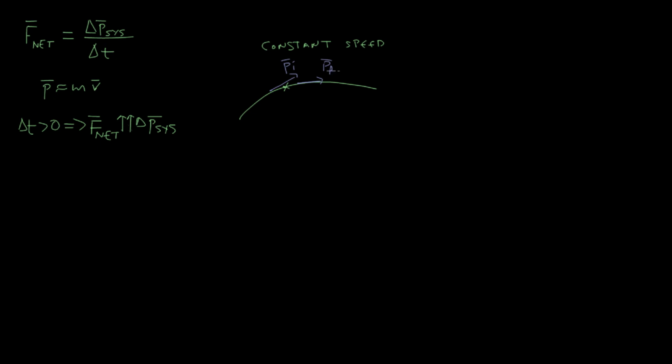This is P final. Now what I need to do is use these two vectors to find the change in momentum. So to make this figure a little bit easier, I will redraw, and perhaps change the scale a little bit, the two momentum vectors.